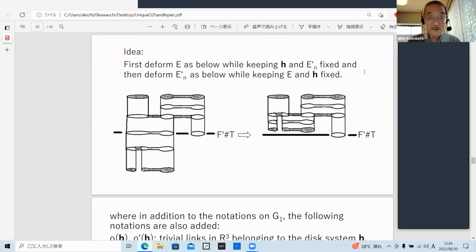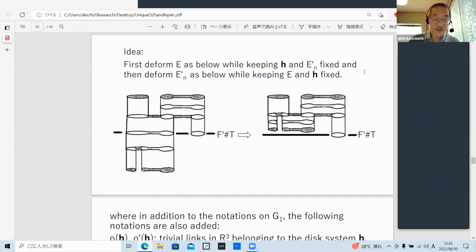So the idea is to first deform E while keeping H core and E dash N fixed, and apply the common core property, and then deform E dash N while keeping E and H fixed.